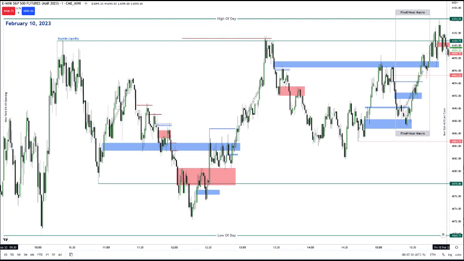Calling for what price? Standard deviation -2, 4104.25.